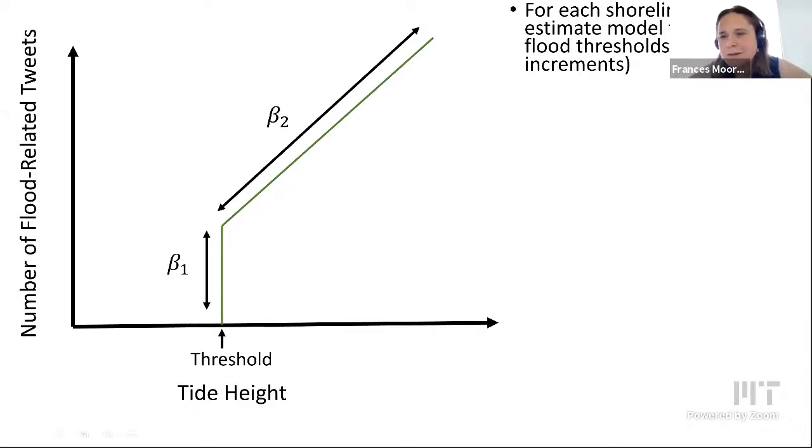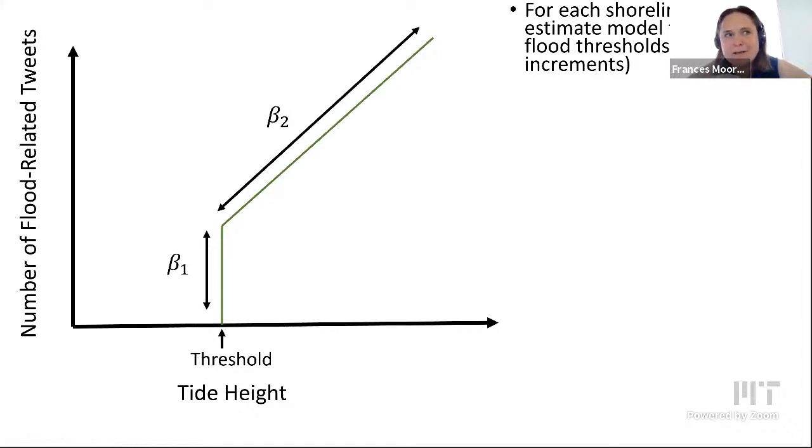And so for each shoreline, we do a model fit exercise to estimate what this threshold is for each county. For each county we fit a set of models that varies this flood threshold across all possible tide heights in 10 centimeter increments.